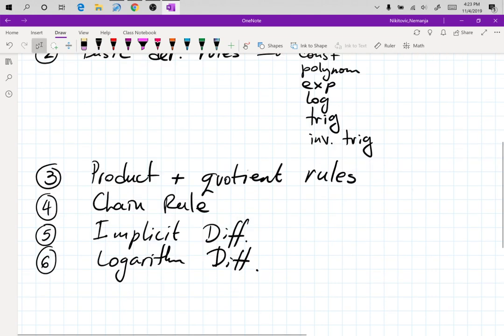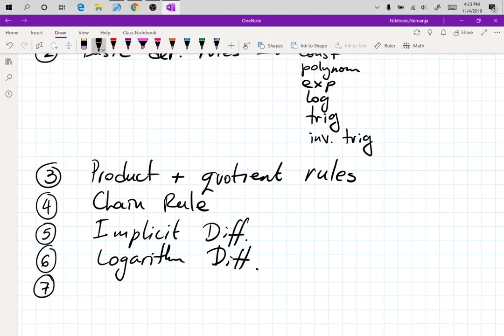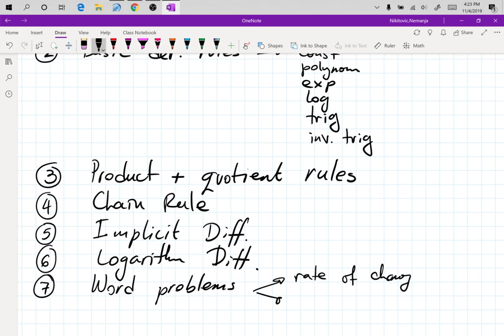We have 2 types of word problems. The rate of change. This is where we did velocity, acceleration, and that cost function analysis and all that kind of stuff.